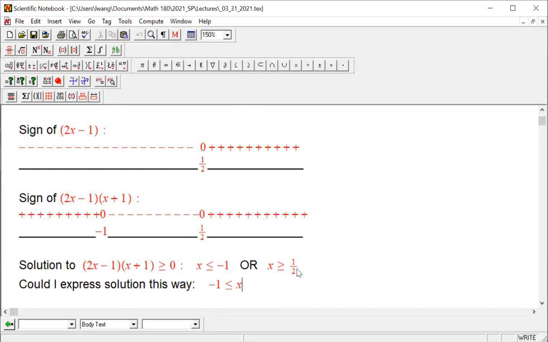X is also greater than or equal to half. So X is greater than or equal to half. Could I write it this way? No. Please don't.